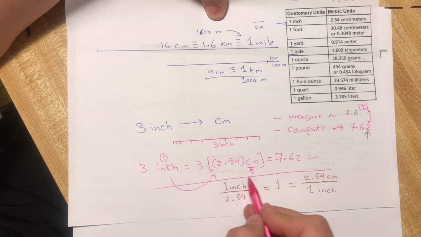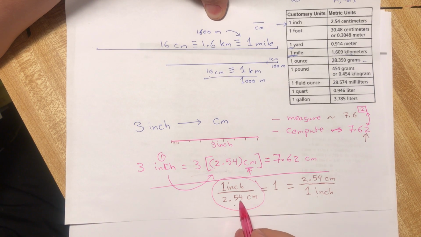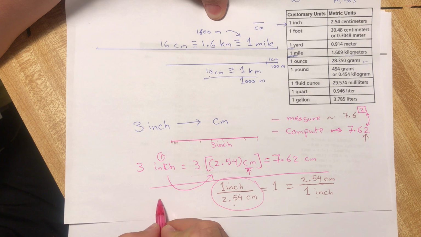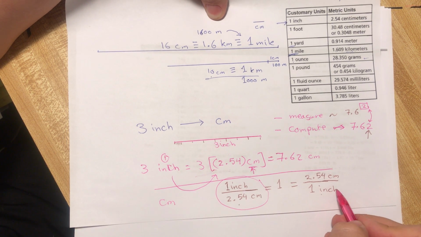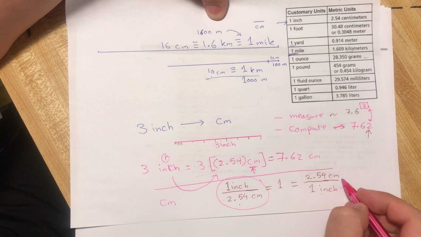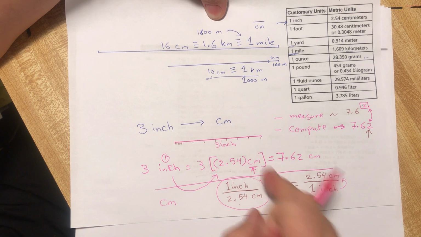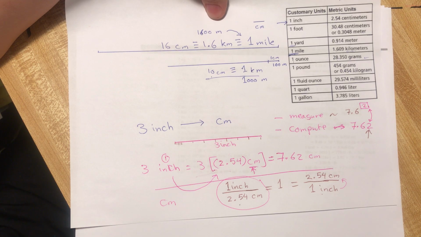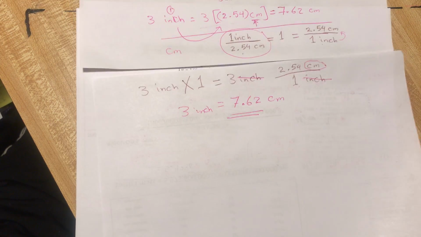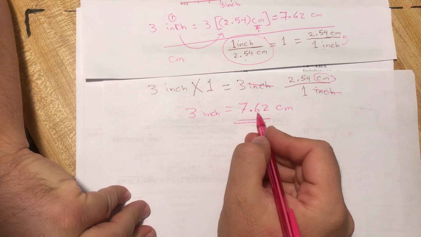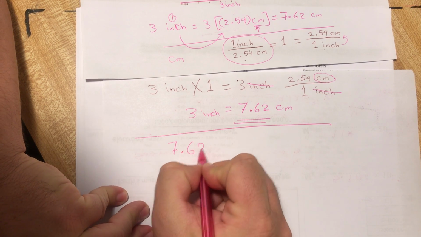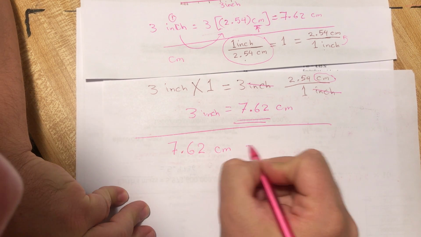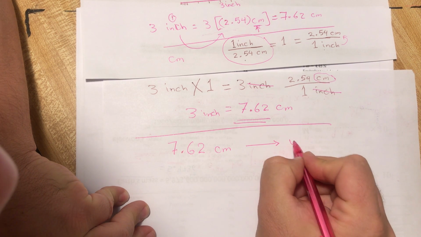So I have this conversion factor if I need to change from centimeters to inches, and this one if I need to exchange from inches to centimeters. I will take this example again now. What if I have 7.62 centimeters and I need to write it in inches?